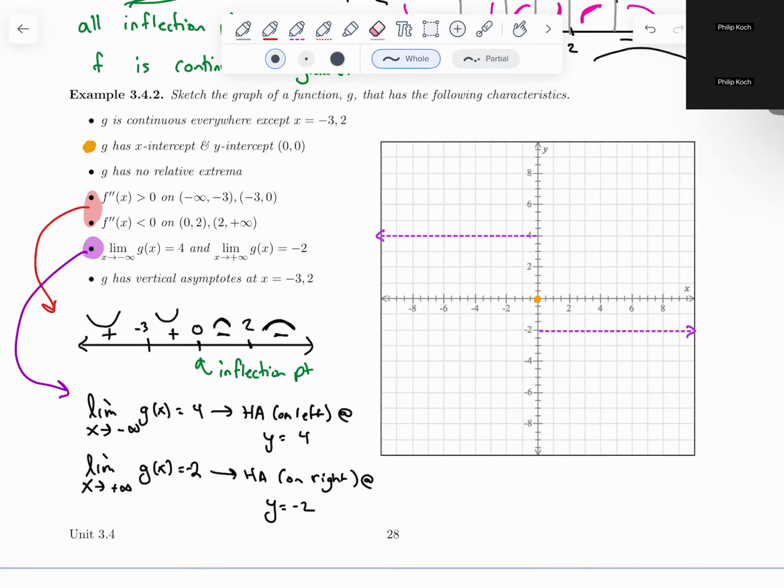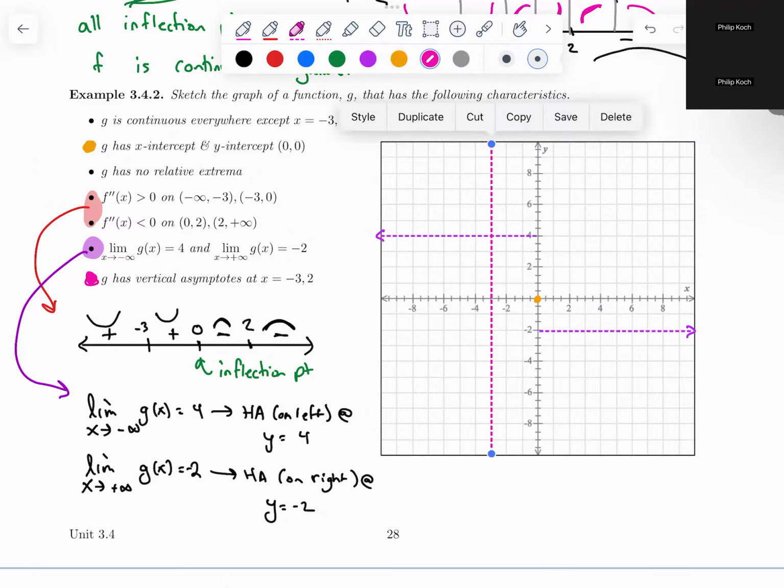And then the last bit of information is we have vertical asymptotes, which I'm going to do in pink, at -3 and 2. So let's go ahead and graph those at -3 and at 2. Unlike with the other one where we had a first derivative sign chart and a second derivative sign chart, so we could set up all of it, this one we're only given the second derivative sign chart, but that should be enough.